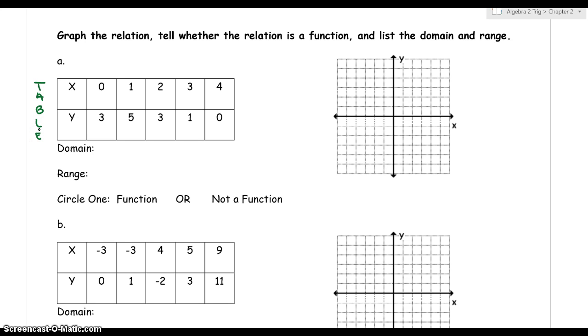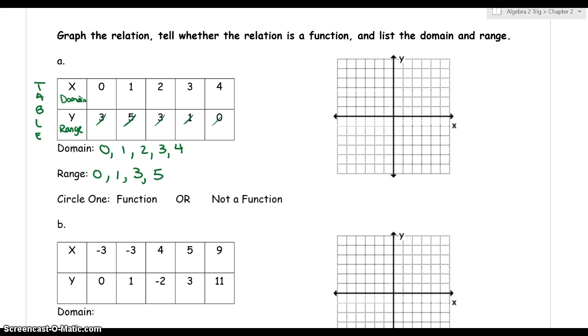It says to list the domain. The domain is all the x values, so we have 0, 1, 2, 3, and 4. It's already in order. And the range is all the y values. So we have 0 first, then 1, 2, 3, which I'm just going to write once, and 5. So that's our range right there.